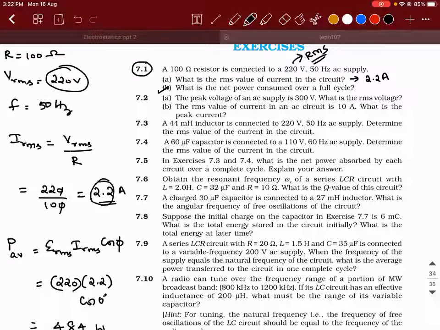IRMS you calculate as 2.2 into cos of 0 degrees. ERMS and VRMS, yes, they are same. Done.